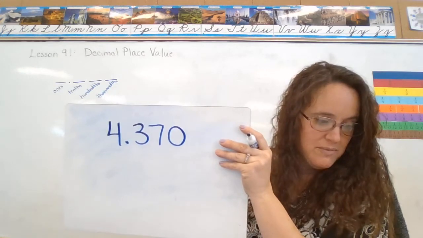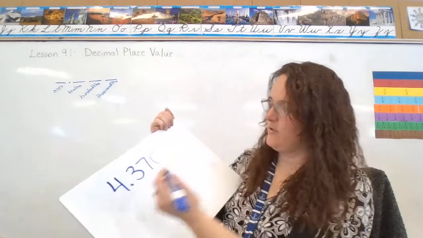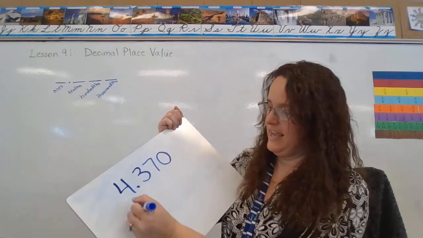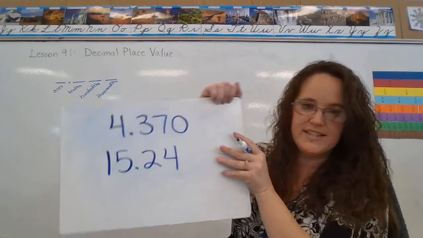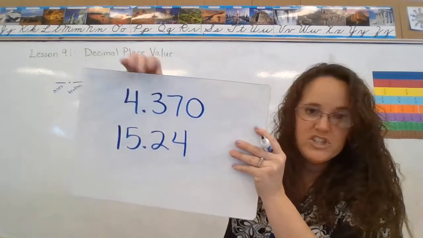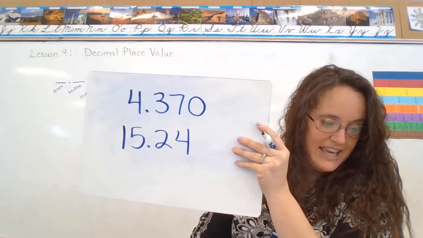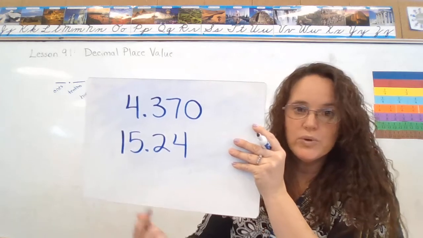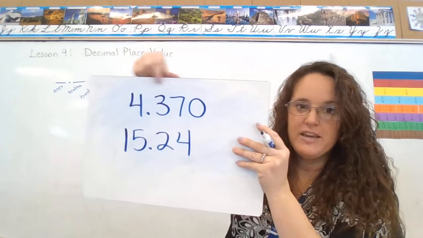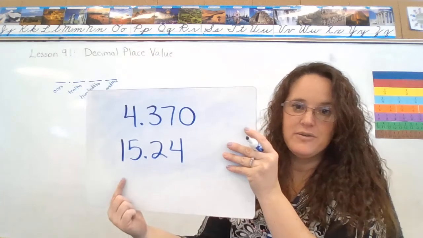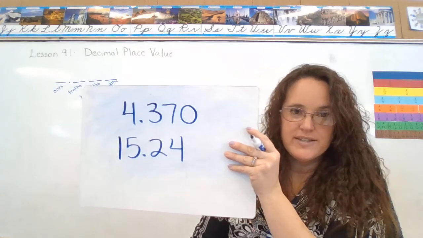Same number for question B says which, you know what, they give you another number. They give you that, and they give you 15 and 24 hundredths. And the question says which digit in this is in the same place as the 2 in this number. So which digit up here is in the same place value as the 2 in 15 and 24 hundredths?